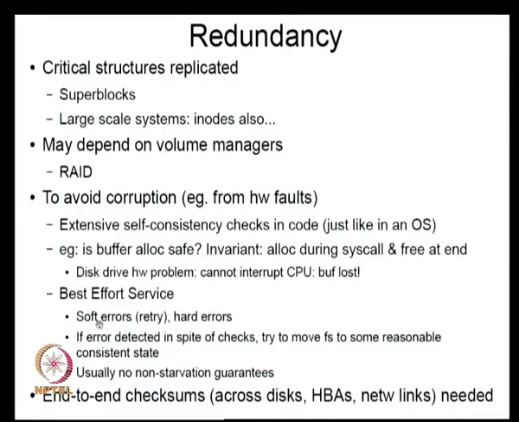For example, if you are doing soft error retries, there are usually some timeouts involved, and the timeouts are set by your expectation of typical situations. If it happens very rarely, your timeout is going to be large. If it happens quite frequently, you may want to keep it slightly smaller.